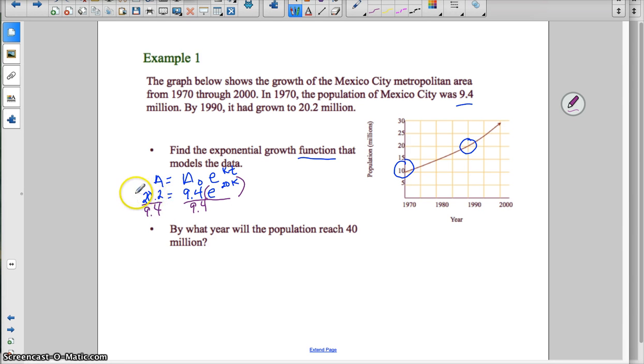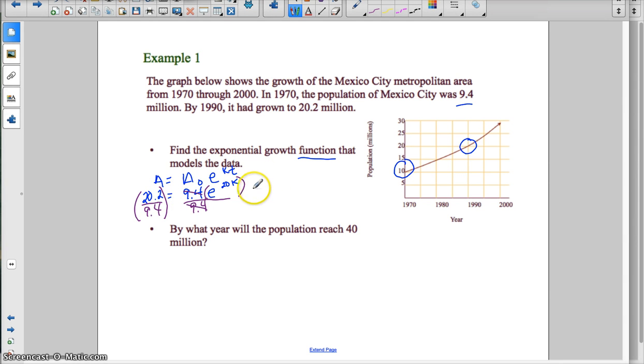I want to caution you though against using your calculator to find this value, because if you calculate 20.2 divided by 9.4 and then round that answer, by the time you get to your final value for k, you will have estimated multiple times and will not have an accurate growth rate for k. So at this point, I'm going to leave 20.2 divided by 9.4 in the form it's in. We'll go back at the end and then calculate to get an accurate growth rate.